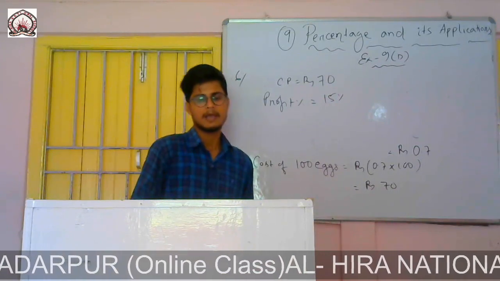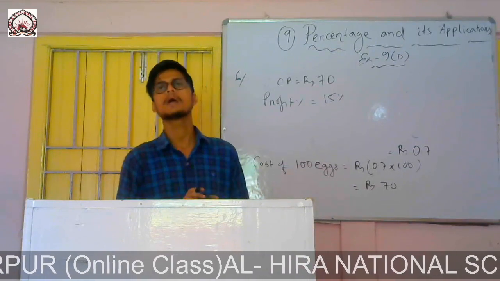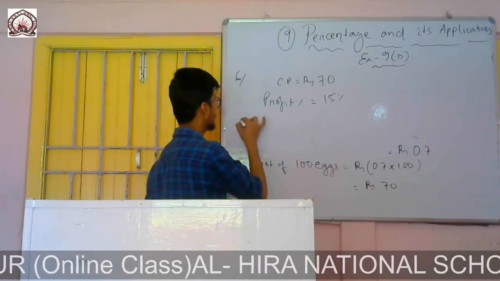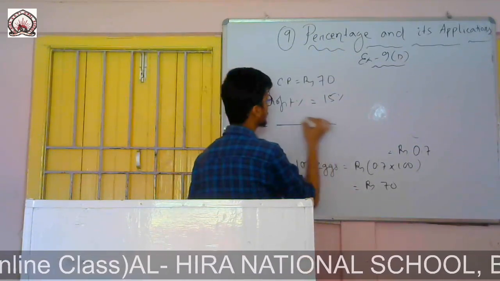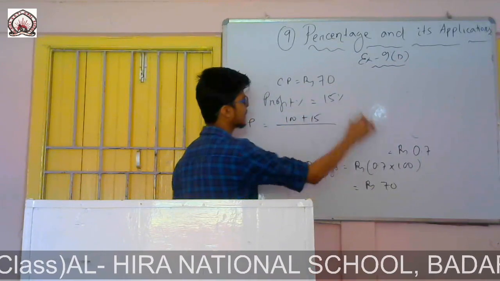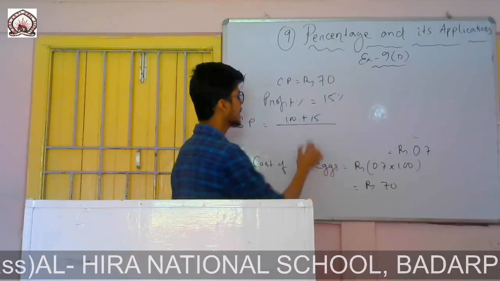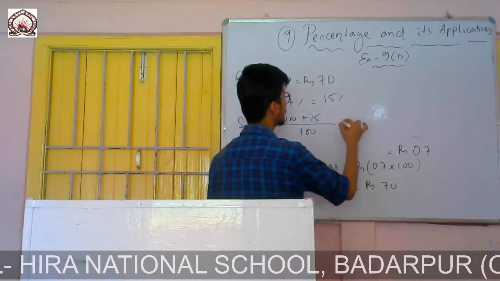It is 100 plus profit percent by 100 into CP. Therefore selling price will be equal to 100 plus profit percent by 100 into cost price. Profit percent is 15. I am writing directly 100 plus 15 by 100 into cost price.